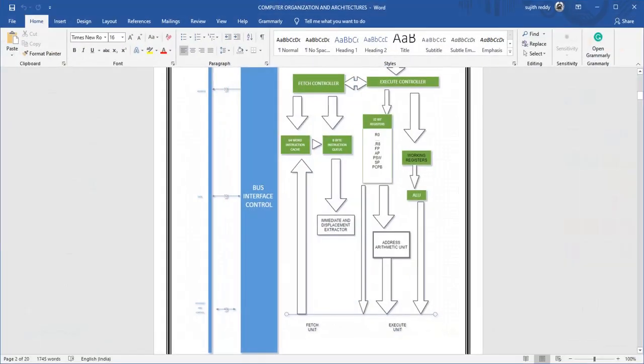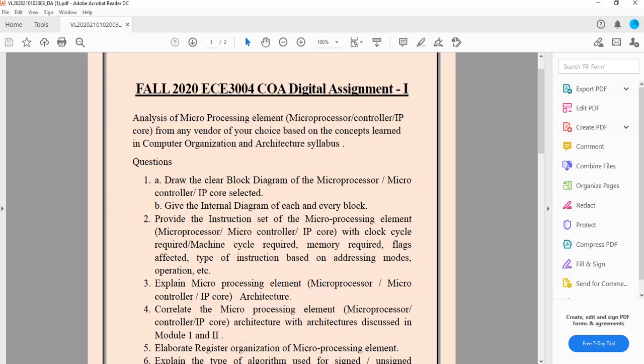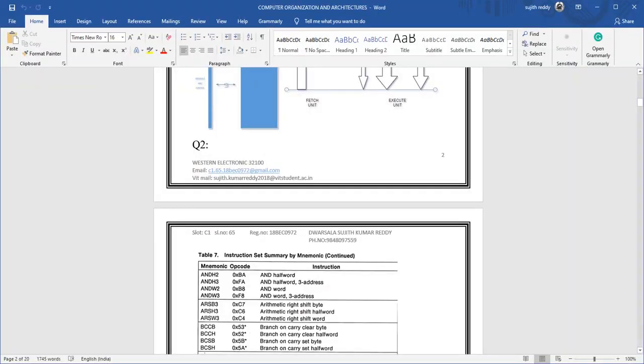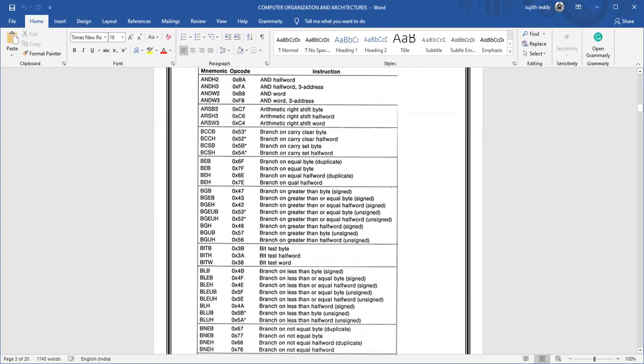The second question is: provide the instruction set of the microprocessing element with clock cycles required, machine cycles required, memory required, and flags affected by the type of instruction, based on addressing mode, operation, etc. These are the instruction sets for the Western Electronic 32100.